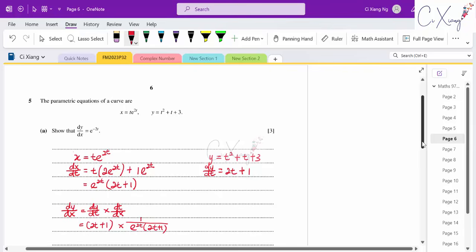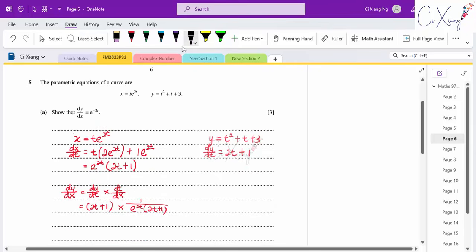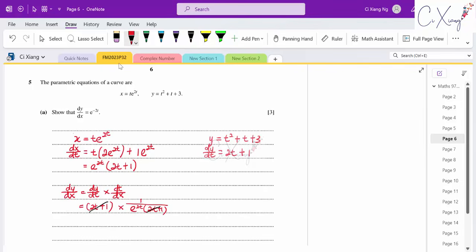From here, I think we can see very clearly that the 2t plus 1 can be simplified, and I'm left with only 1 over e^(2t). So 1 over e^(2t) I can rewrite as e^(-2t).